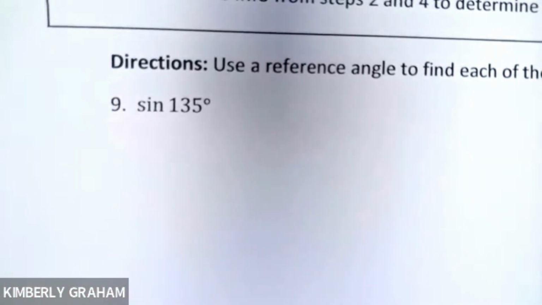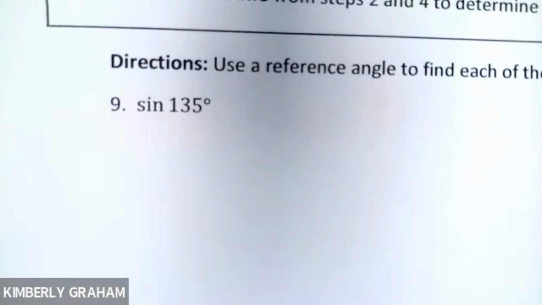Okay, so that leads us to actually looking at finding trig functions of obtuse angles. So all of the stuff that we've been doing has been building up to this. So now I can find trig functions of these obtuse angles.